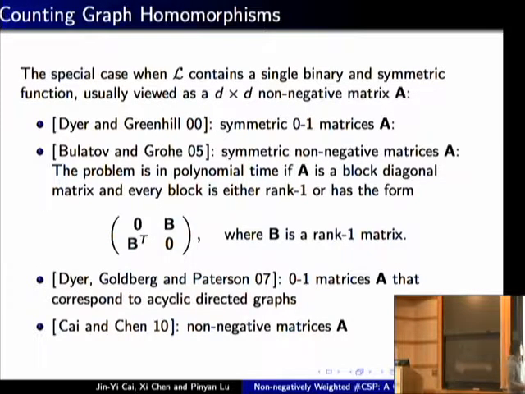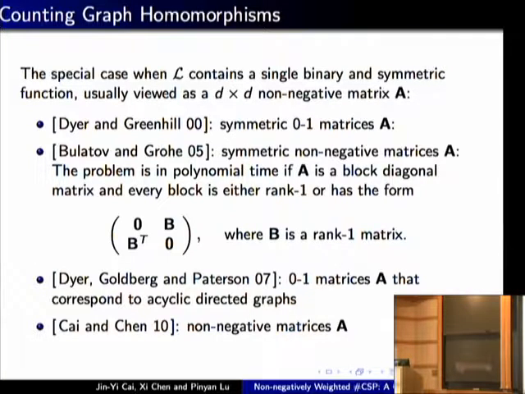The tractability criterion is the following. If this matrix A is a block diagonal matrix, and every block on the diagonal is either rank 1 or looks like this, a 2 by 2 block structure where the matrix B is also rank 1.